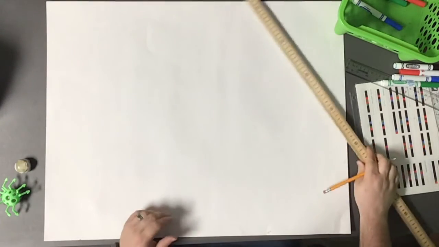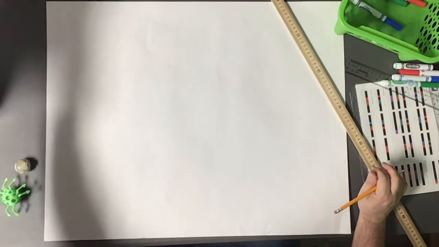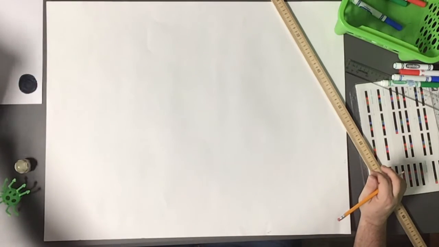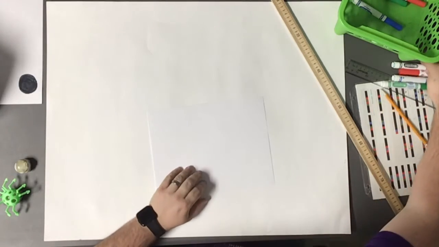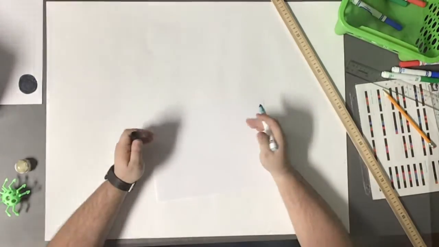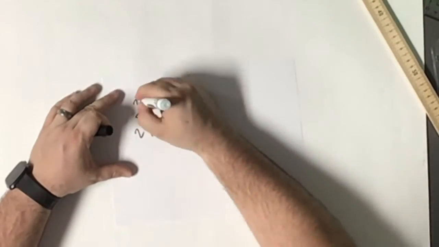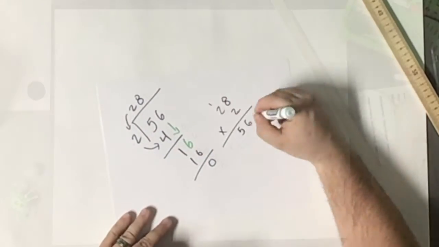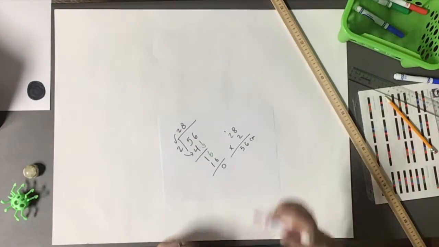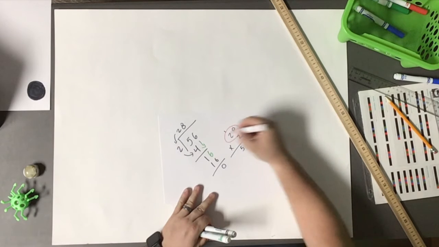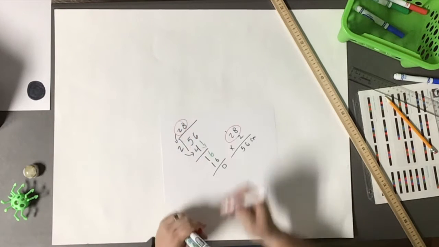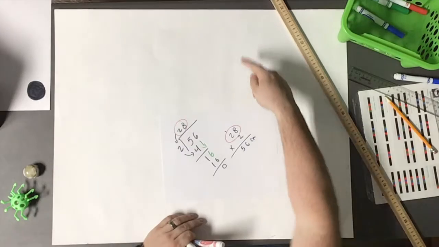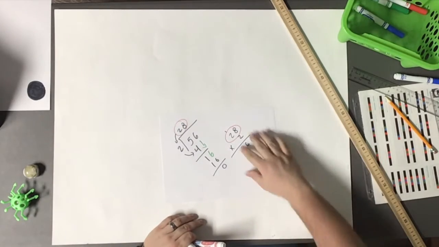So this is where the math comes in. Do the math with your students. 28 centimeters for our width, our short ways.